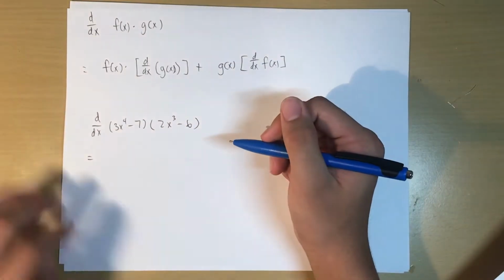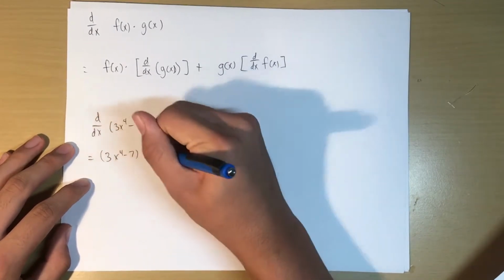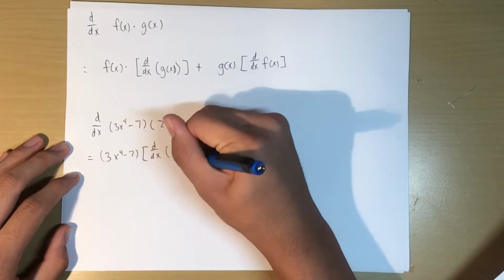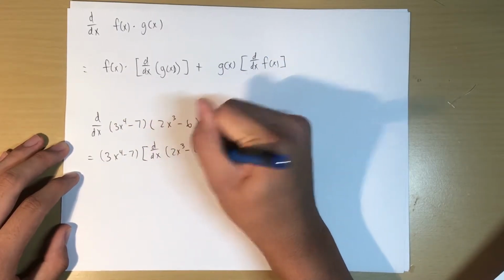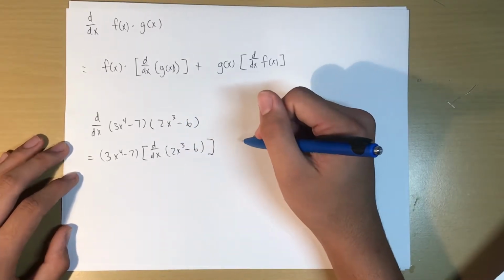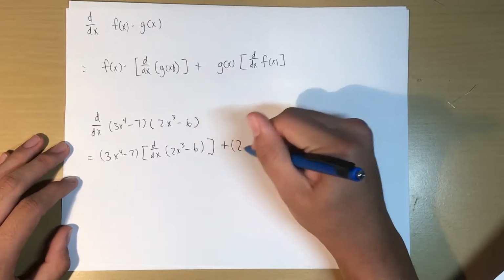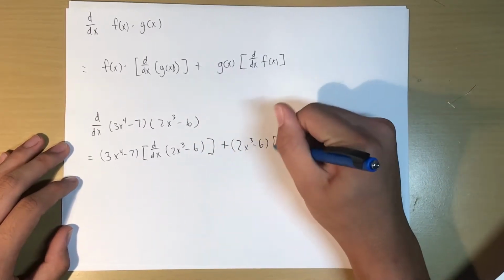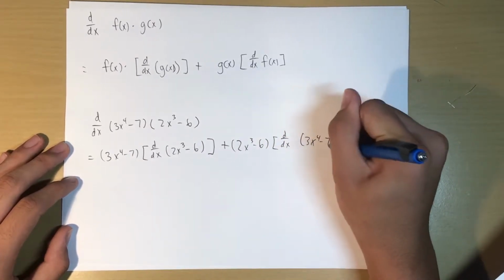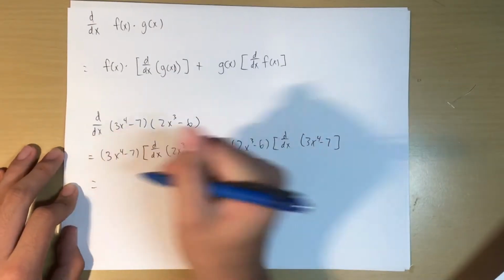So what you can do is just 3x to the 4th minus 7 multiplied by the derivative of 2x cubed minus 6. It's still a lot of work both ways, but we're here to talk about the product rule, not the derivatives of polynomials. Plus 2x cubed minus 6 times the derivative of 3x to the 4th minus 7. And yeah, as I said, it's probably still a lot of work to do it both ways.